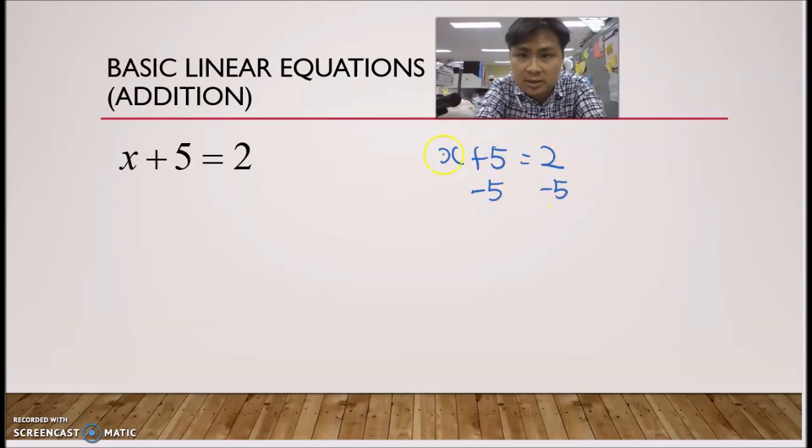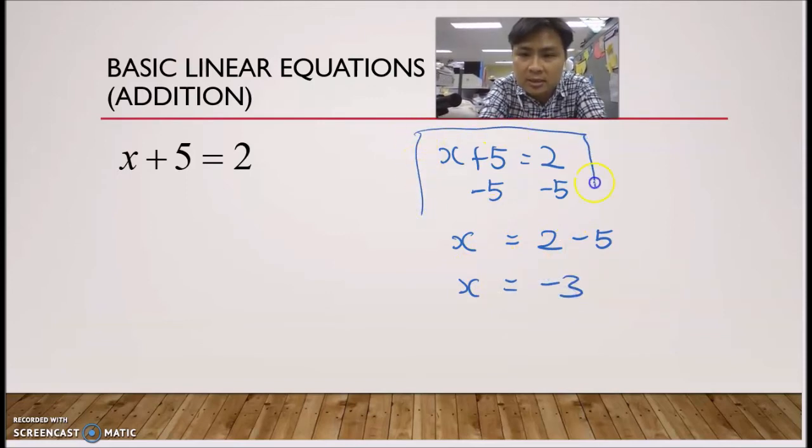Translating this into workings, it will be x equals 2 minus 5. I solve for it using a calculator, and x will be equals to negative 3. Again, this part here is just for your understanding. It's not necessary. When you are showing your workings, you can just do the workings directly.